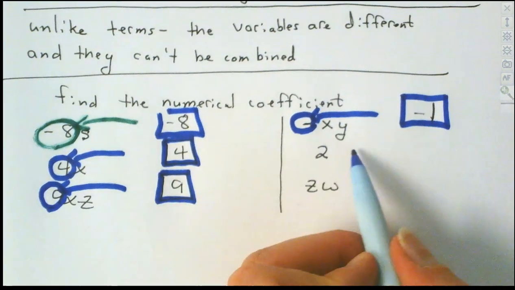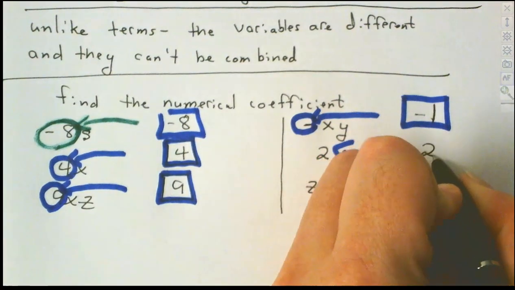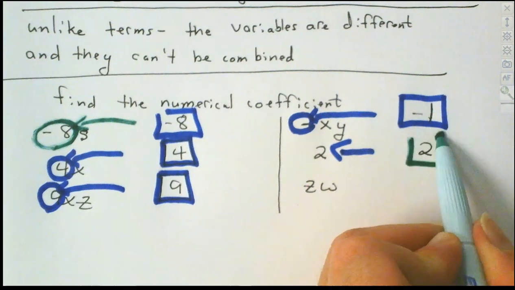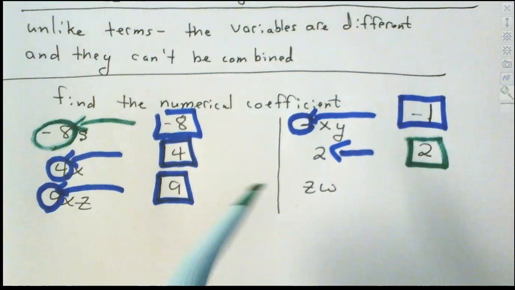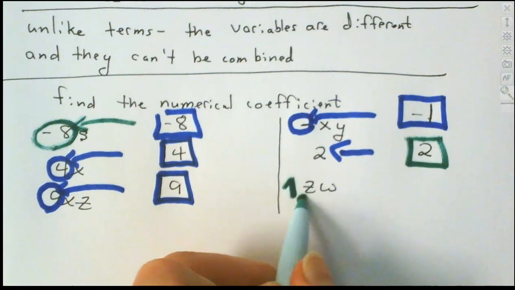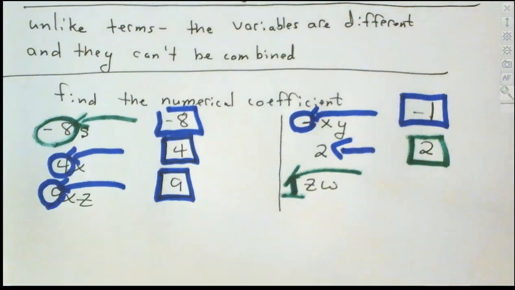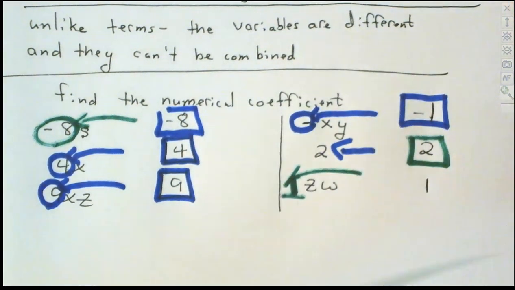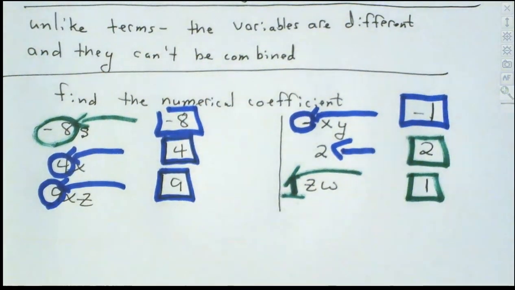If there's just a number, that's your numerical coefficient, because there's no variable there, so it would just be a 2. And the last one, there's no number, so we always know there's a 1 there. So your numerical coefficient would simply be a 1.